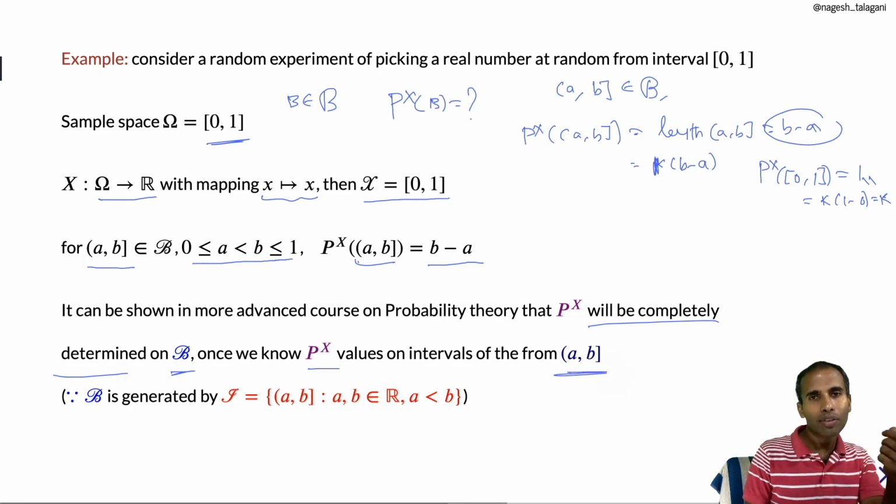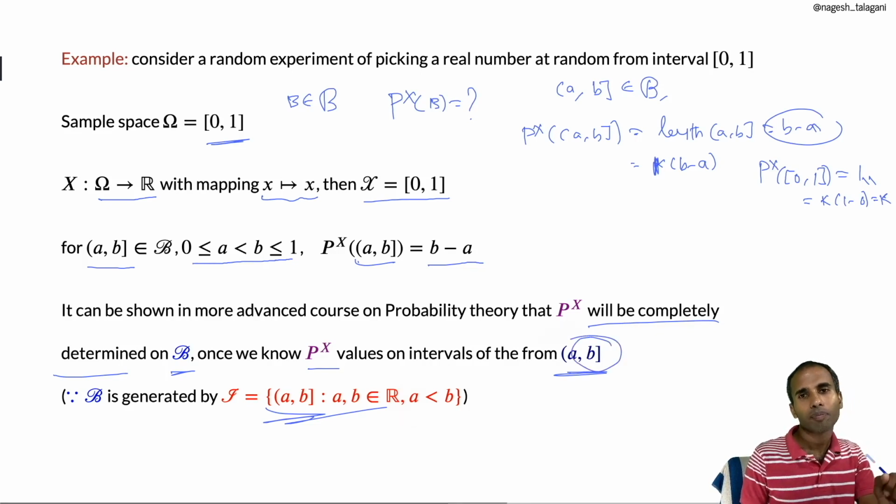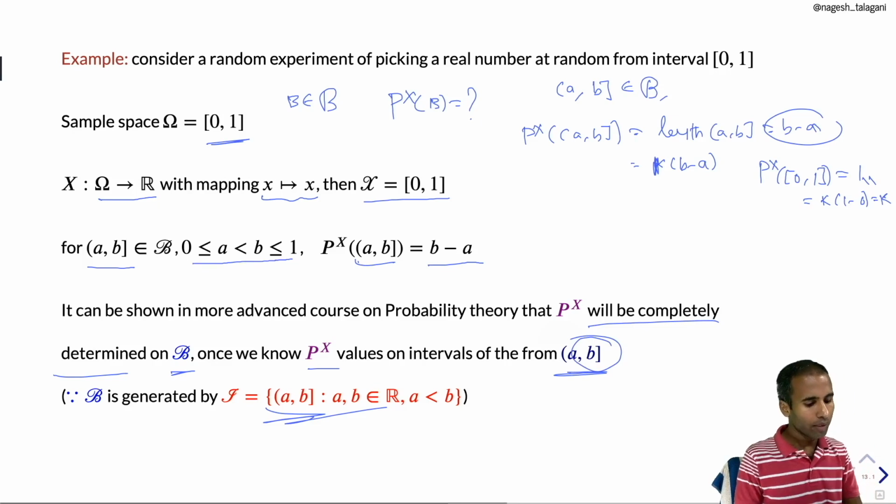The intuitive reason is that the Borel sigma field is generated by this type of intervals. That is, any Borel set can be expressed in terms of these intervals using union, complementation and intersection operations, right? So technically, we should be able to assign probability to any Borel set once we know the probability values on these intervals.